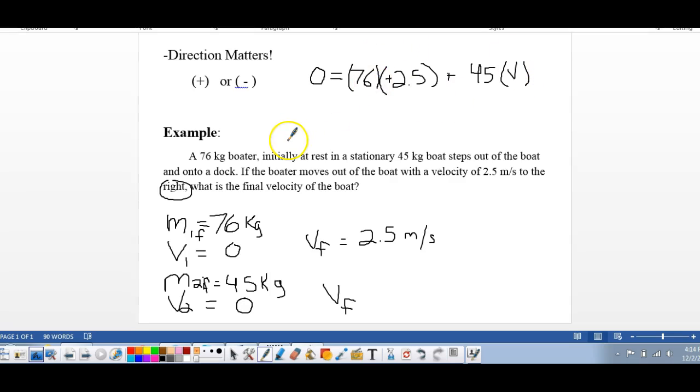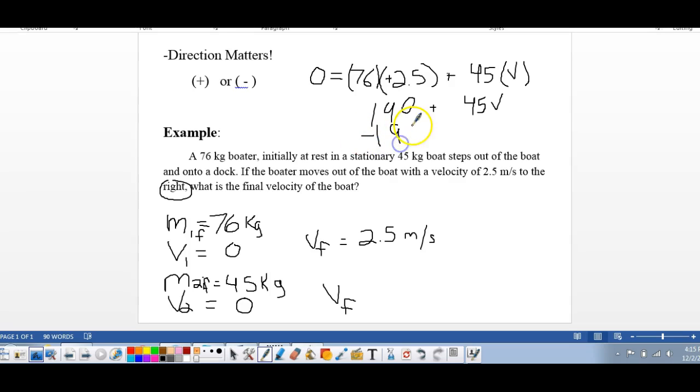And then we do the math. 76 times 2.5 you get 190. Plus 45V. And then we just move this 190 over, so we're going to subtract 190 from both sides.